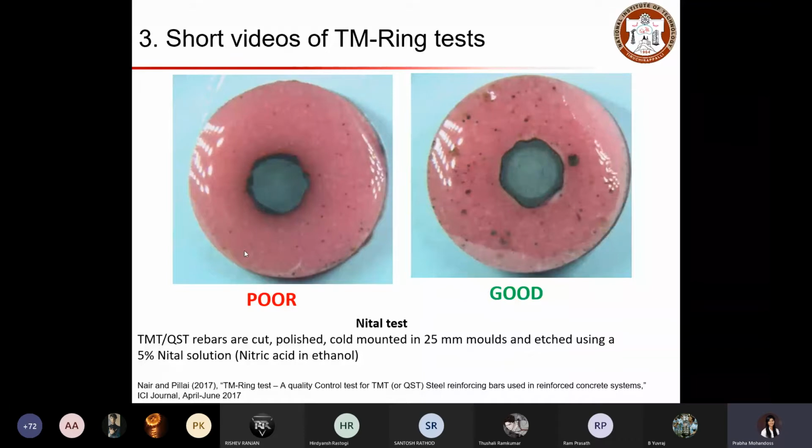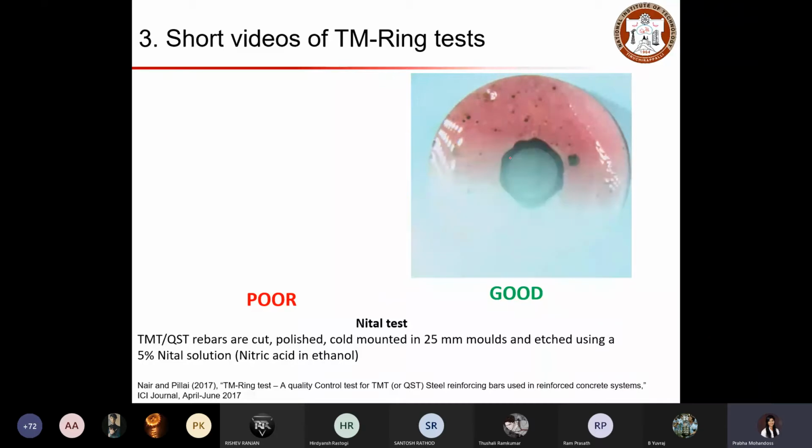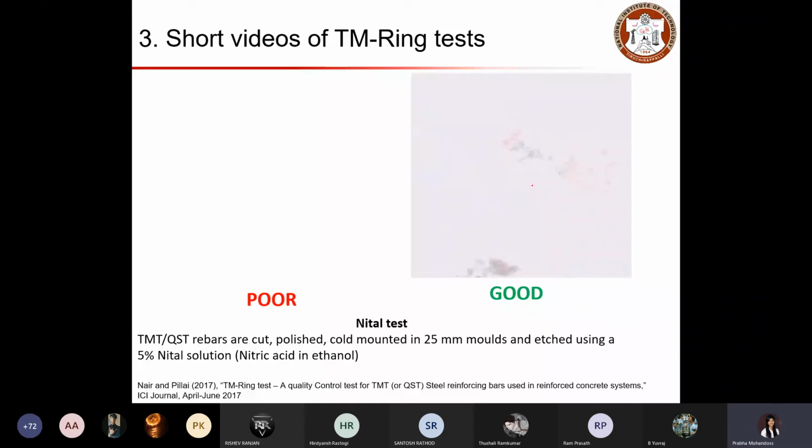In the case of poor quality rebar, the outer ring is not uniform and it is not concentric. Whereas if you look at the good quality rebar, the ring has formed nicely, and you can see a concentric soft center portion.